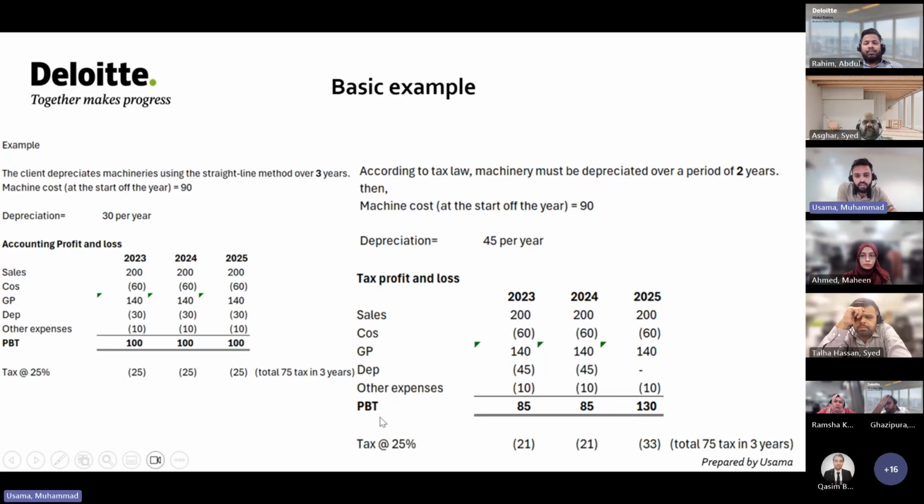Here you can see that the tax rate is 25% here and 25% here, the same. Here you can see that we have paid 21 to the tax authorities, not 25. So in total, the tax paid over 3 years is 75, right?